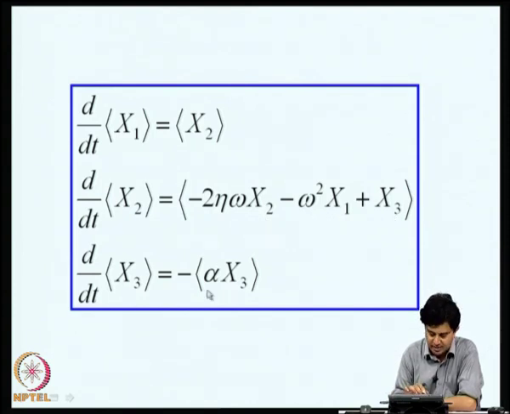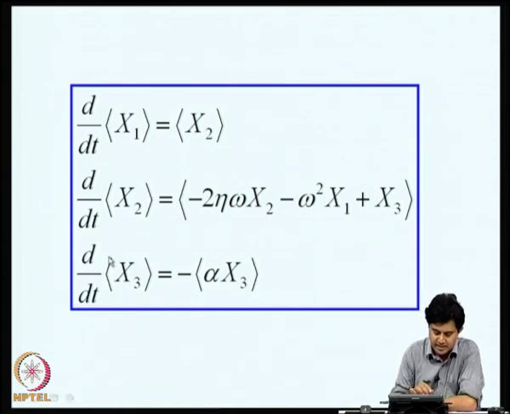In a similar manner, we can set up the equation for the third element of the state vector. So, these are the equations for the expected values of x1, x2, x3. You can quickly notice that these equations are closed in themselves. If you want to find out the expected values of x1, x2, x3, we need to solve only these equations and we can go ahead.